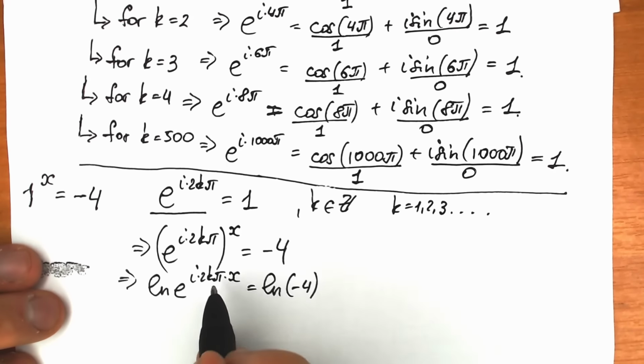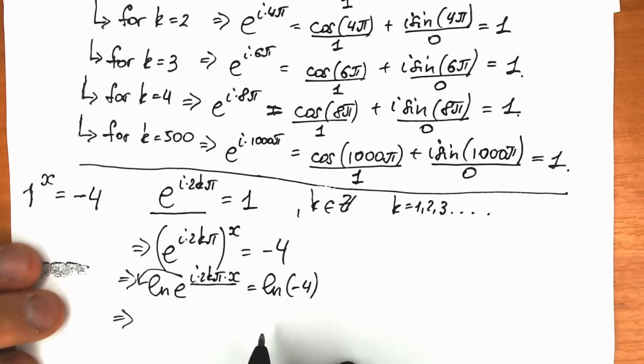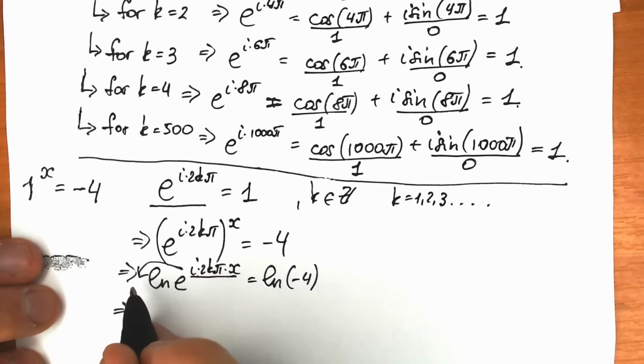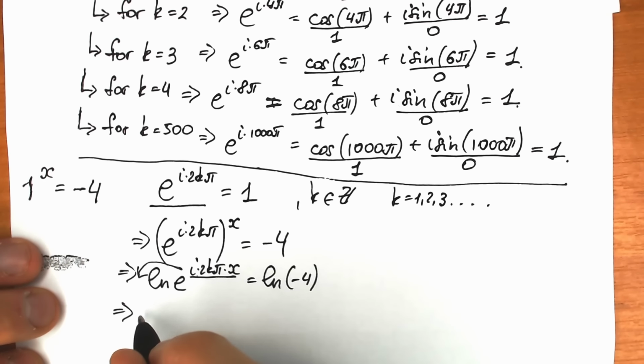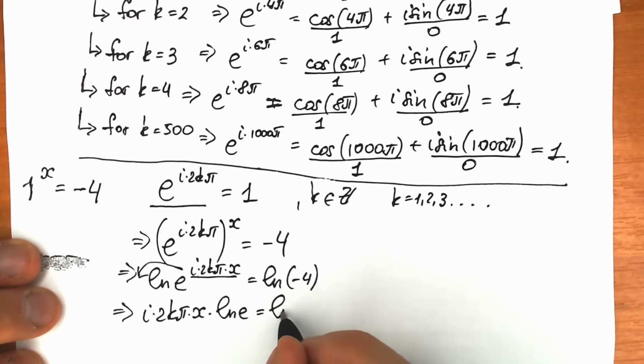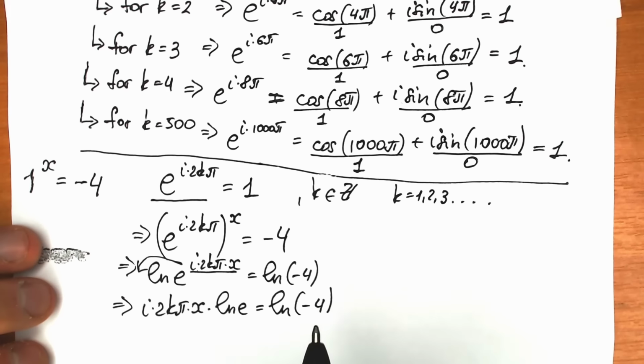Now this power will come down, because this is the main log property. That's why we do this, because we need to bring this expression down. So we have i times 2k pi times x times natural log e equal to natural log of minus 4. Now we need to find our x.